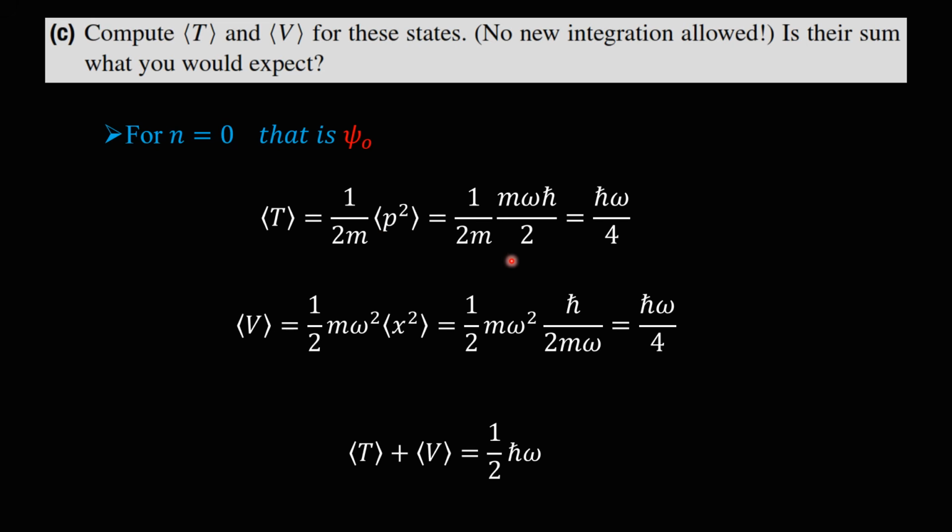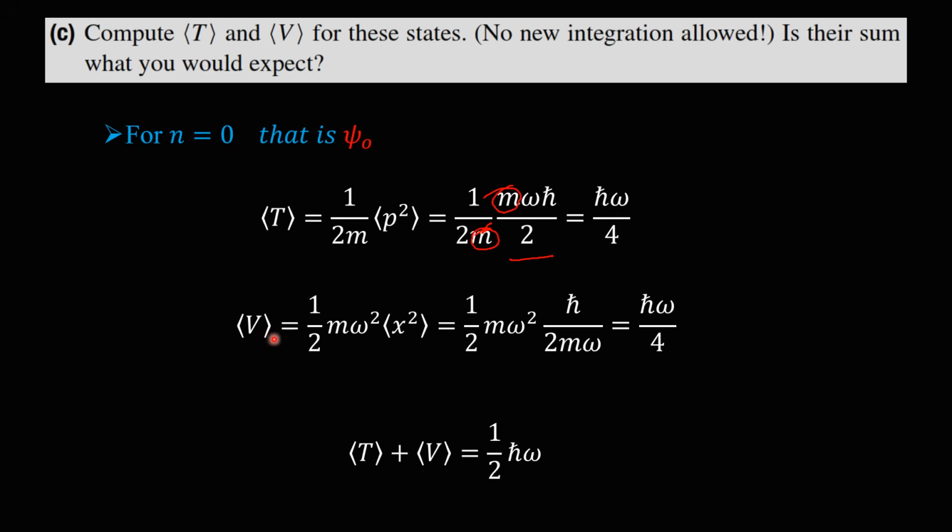You know the expectation value of p squared is this one, m omega h cross divided by 2. Of course, you have 1 over 2m. Here, this m will get cancelled with this m. So you will get h cross omega divided by 4.